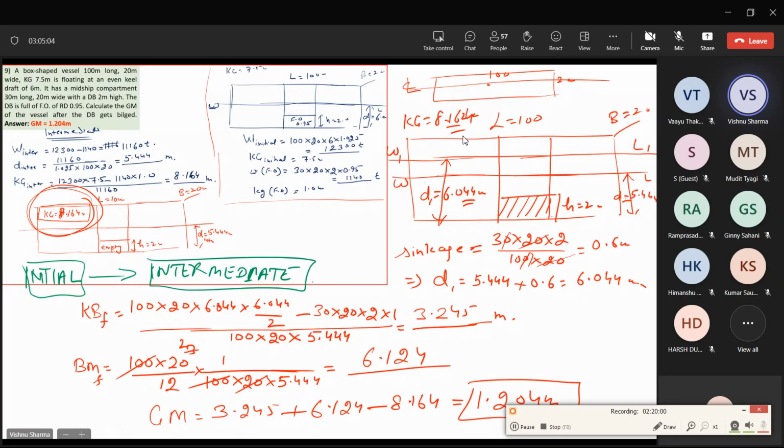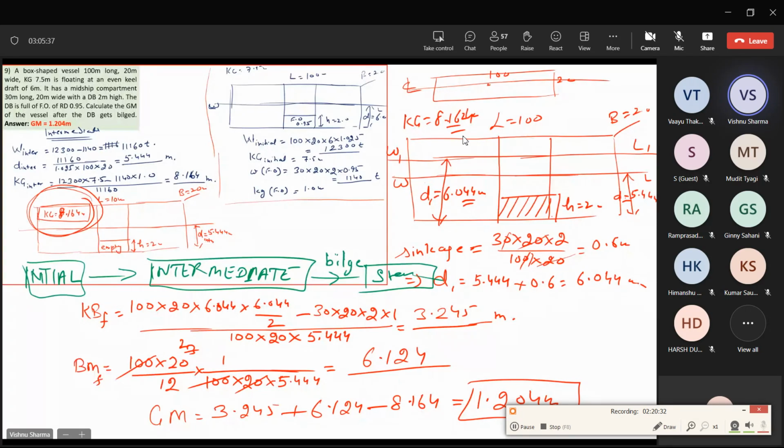And then you will come to final: bilge the intermediate, and get the stability. This is the step to be followed if the compartment carries liquid before bilging. Is that clear, beta? Yes. Review this. If there is any doubt, anything which you think is contradicting with logic, we can always take it up tomorrow again. There's absolutely no problem.